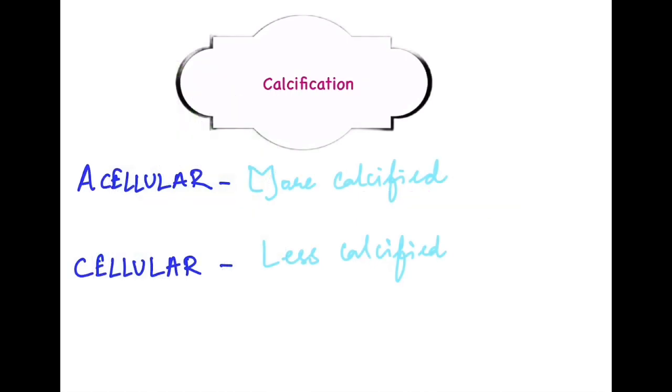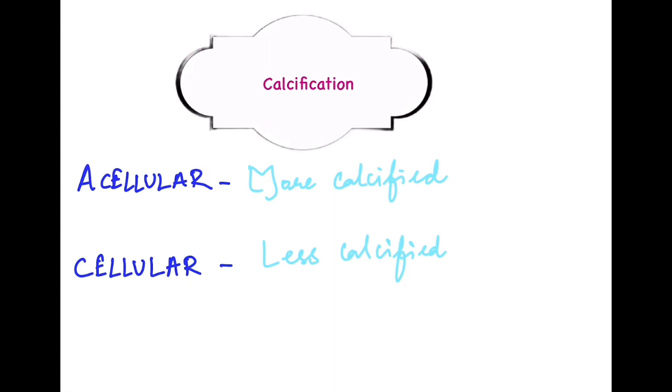So the acellular cementum is more calcified as compared to cellular cementum, which is less calcified. The reason is that the acellular cementum is devoid of any cementocytes, right? So imagine there is a matrix which is occupied by the other substances forming the matrix as well as cementocytes in cellular cementum.